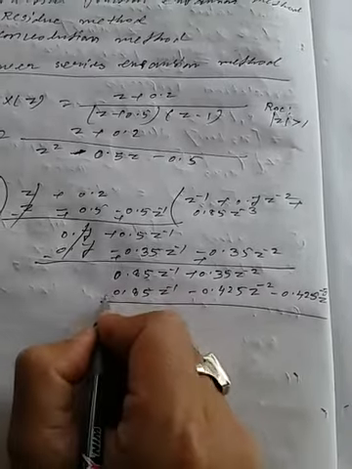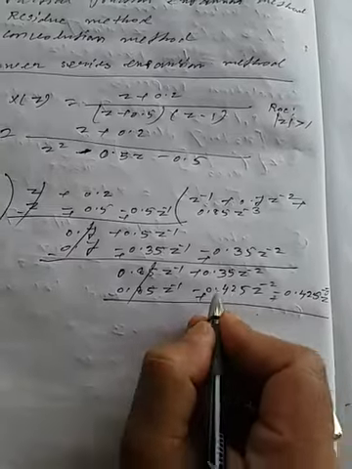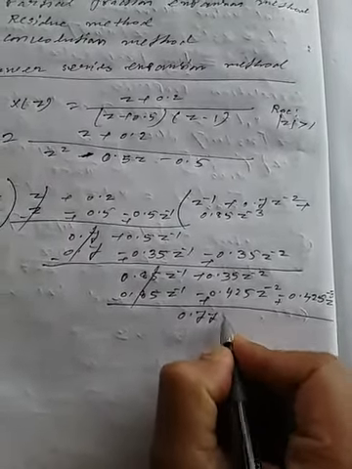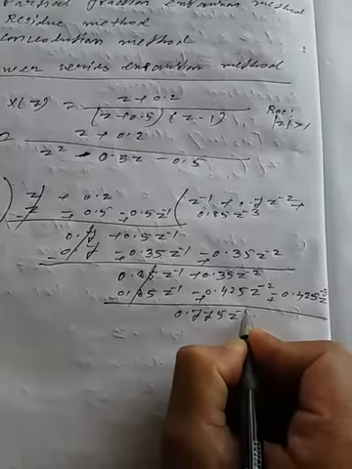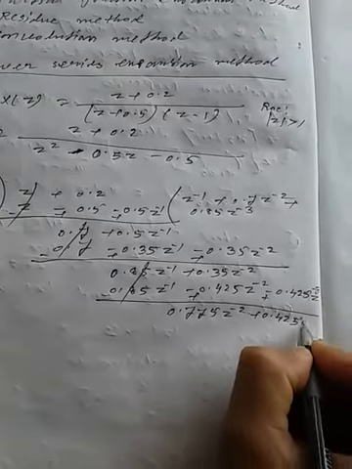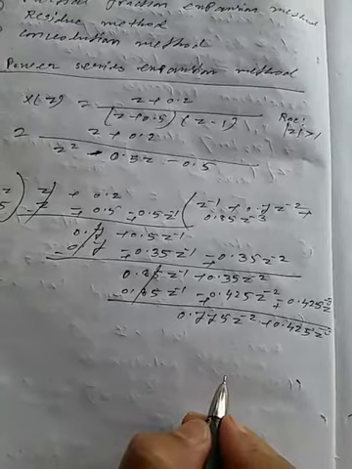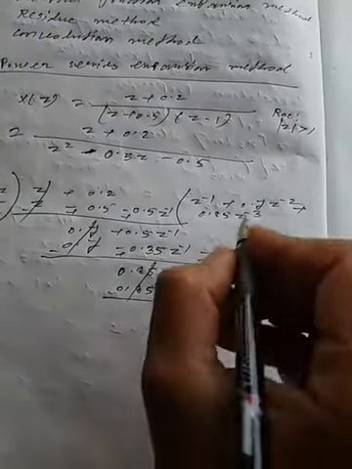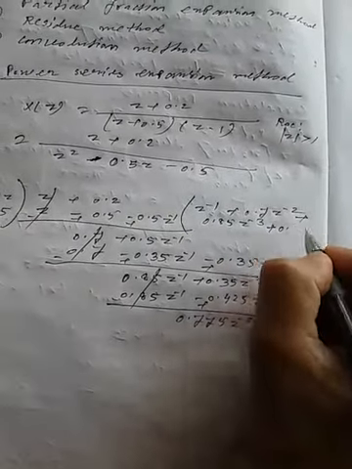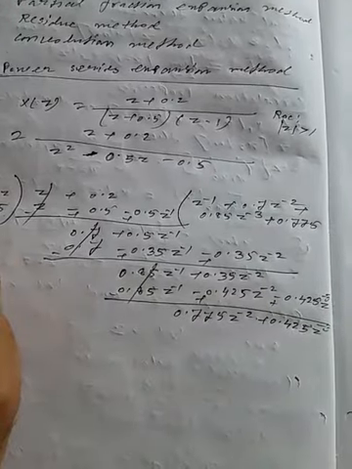So after subtracting, this will cancel out, and the total portion will be 0.775 z to the power minus 2 plus 0.425 z to the power minus 3, right? Now to get this portion, again you have to multiply it by 0.775 z to the power minus 4.